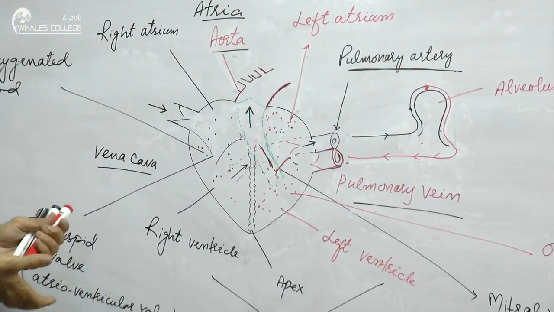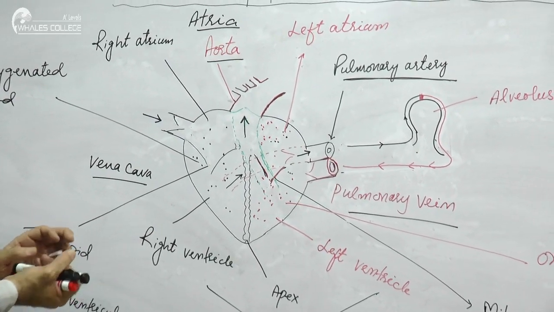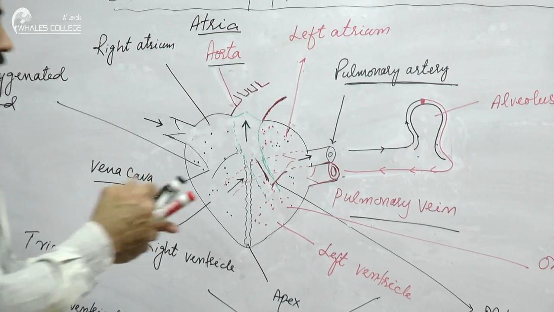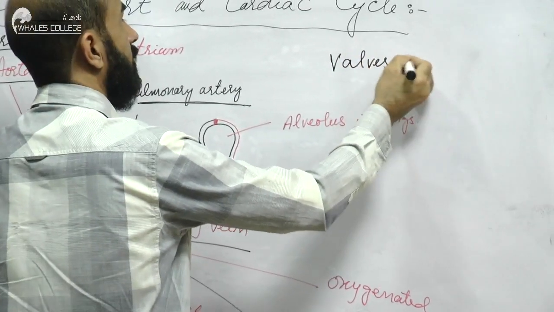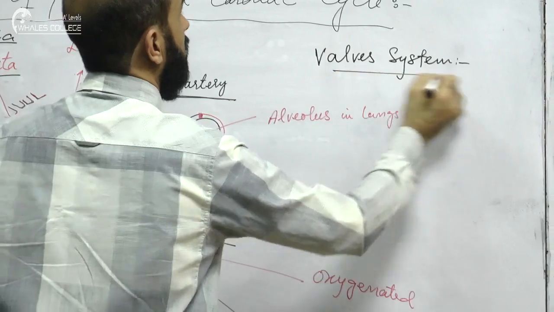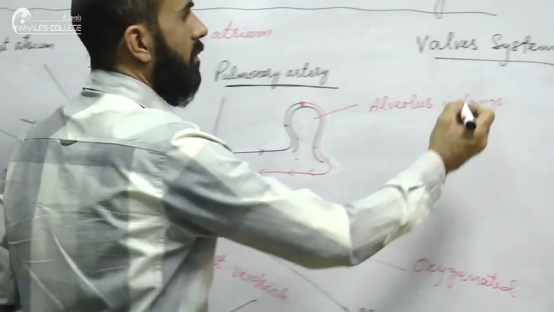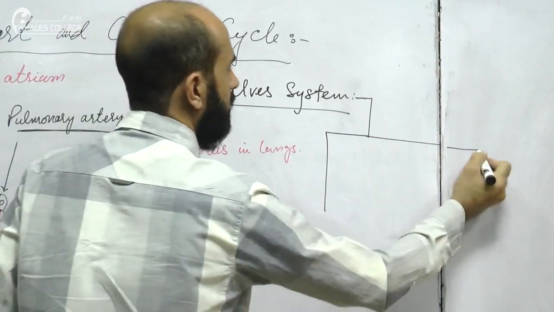Now, in this complete system, 4 chambers are connected with the 4 blood vessels. We have a valve system. How many valves do we have here? We have a total of 6 valves. But we classify this valve system into 2 categories.